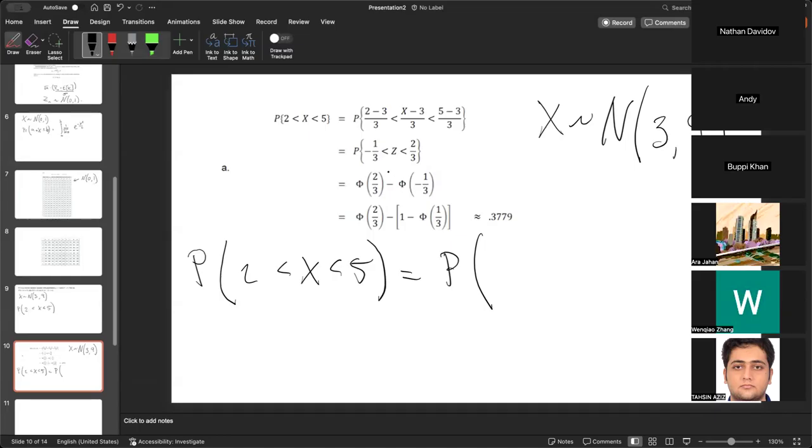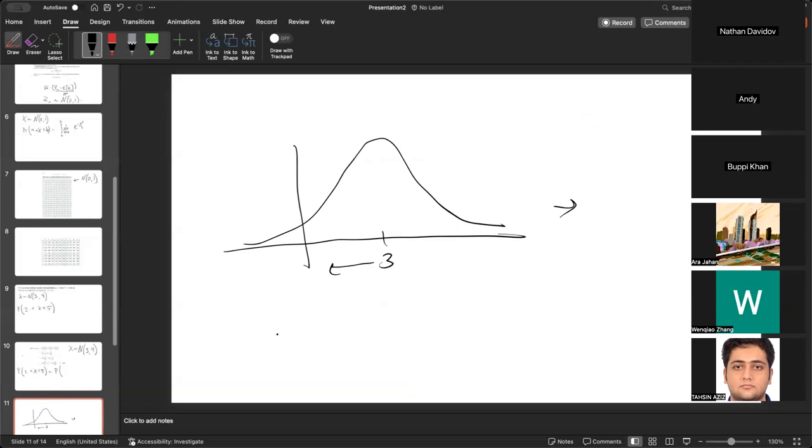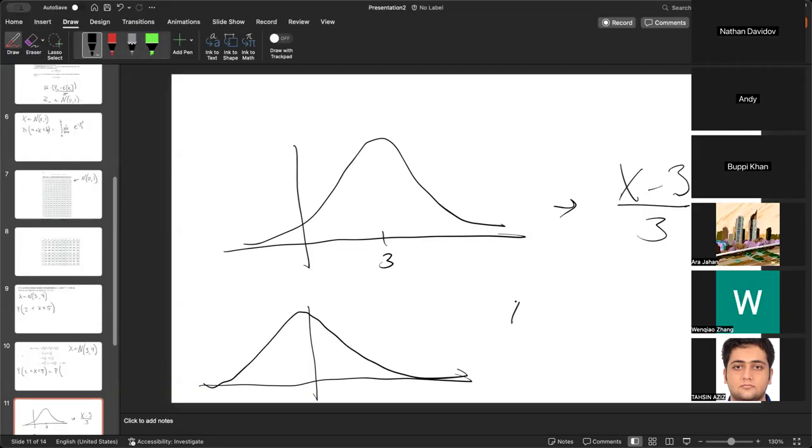Well, it turns out that you can scale this distribution. What does this distribution look like? It looks something like this. If I move this over by 3 units and scale it down by a factor of 3, so if I do X minus 3 over 3, I'm going to end up with the normal distribution 0, 1. And then I'll be able to solve the problem.